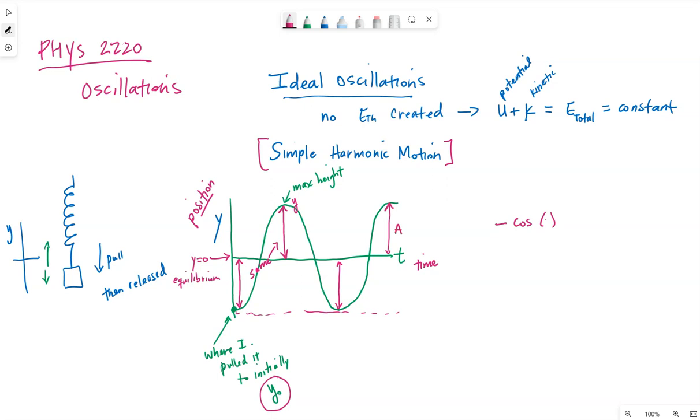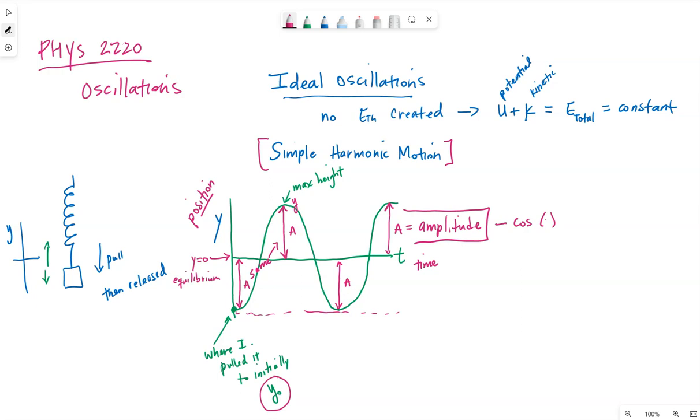And we call this maximum distance from the equilibrium position the amplitude. So amplitude is the maximum distance the oscillator, whatever it is that is oscillating, travels from equilibrium.